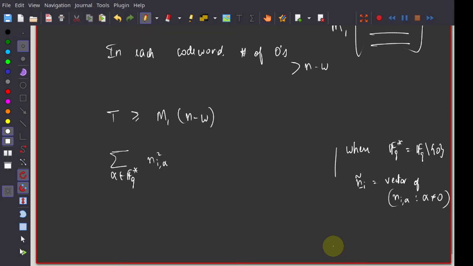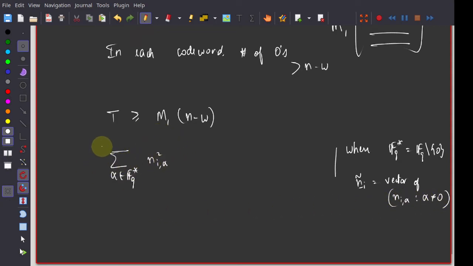I'm just looking at the non-zero elements. n_i,alpha is the number of code words for which the ith coordinate is equal to alpha. I'm fixing one particular coordinate beforehand, and in that coordinate I'm looking at how many times 1 appears, how many times 2 appears, how many times 3 appears, and so on. I don't care about how many times 0 appears for now.